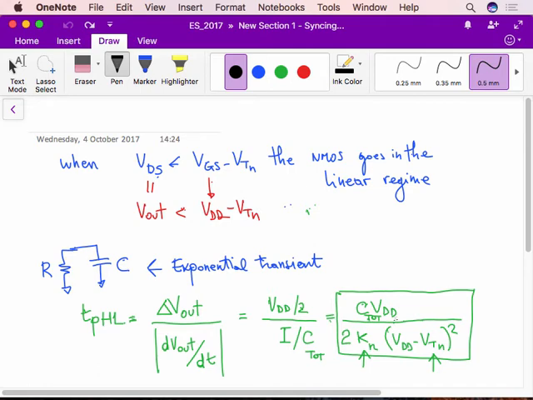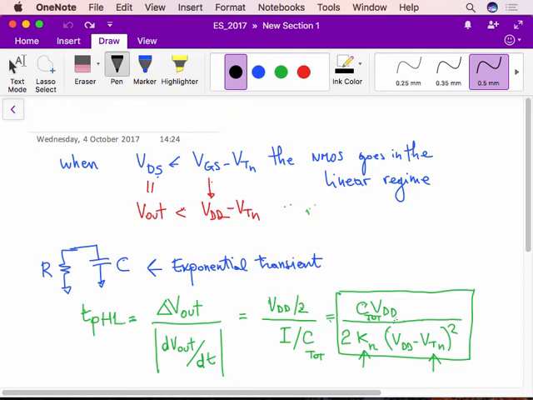Because of course, from a qualitative point of view, you can see that if you have a higher supply voltage, you need to charge the capacitor more in order to have the switch. But at the same time, you have a current which depends on the square of VDD. So you have much higher current. And in the end, you can see that if you have a higher VDD, the propagation delay becomes smaller because the denominator counts more than the numerator because you have a power of 2.